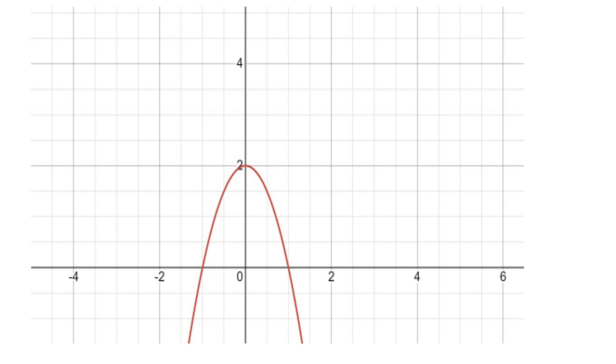Here we have the concave down graph. This point here is our y-intercept and also our vertex.